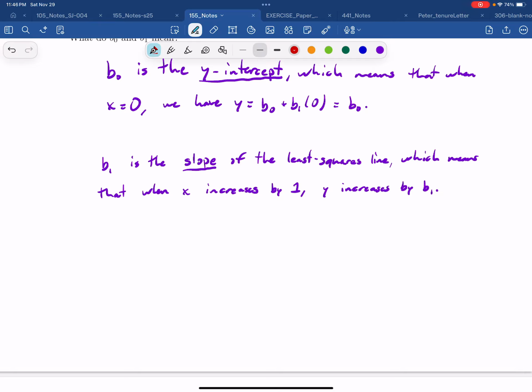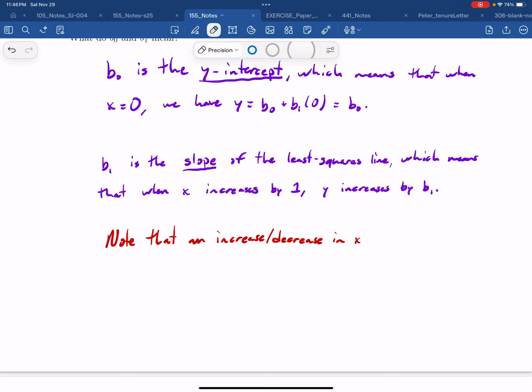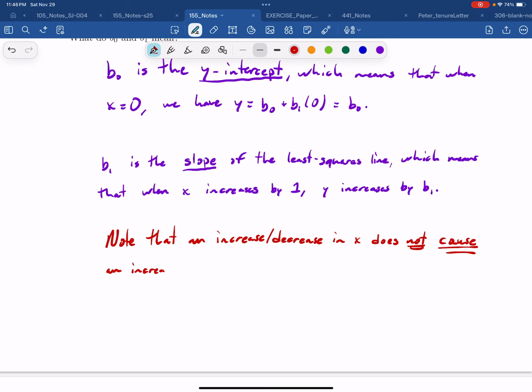So I just want to emphasize, note that an increase or decrease in x does not cause an increase or decrease in y.